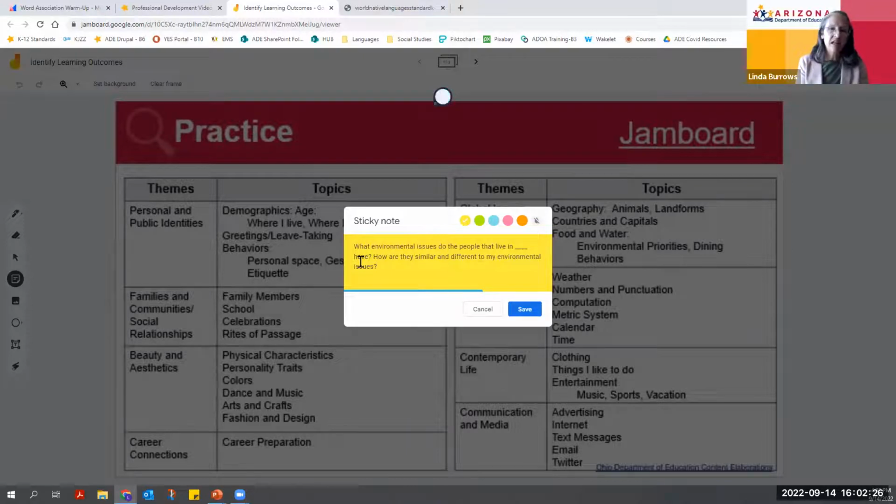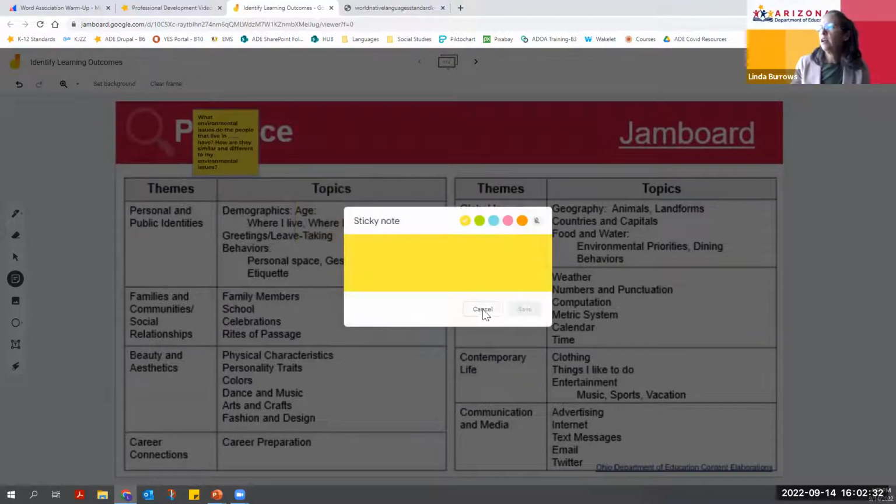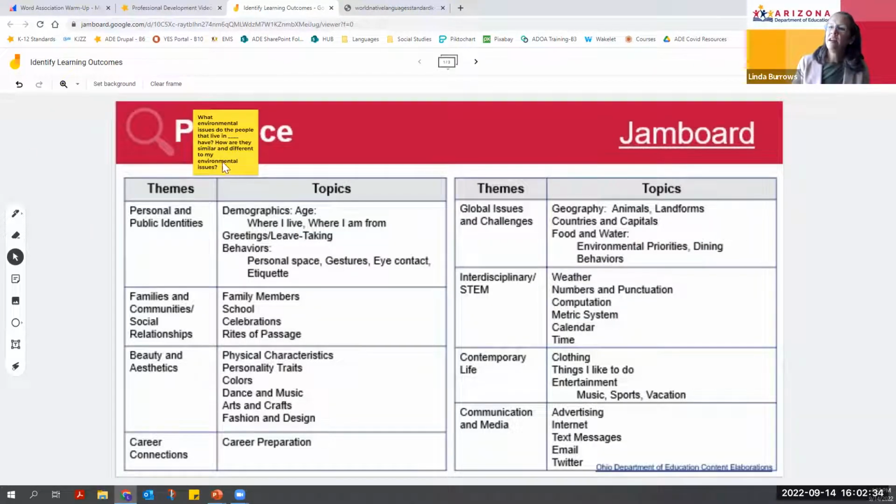We deal with heat, we deal with drought. Once you make the sticky note, you just click save. You can cancel out of here. And now we've got the sticky note. It's like a Post-it, and you can bring it over here and guide it over to the topic.